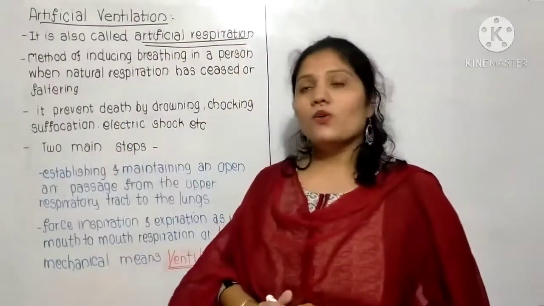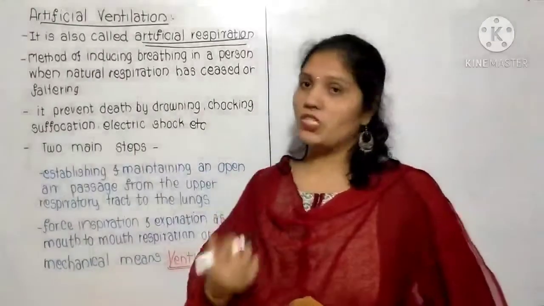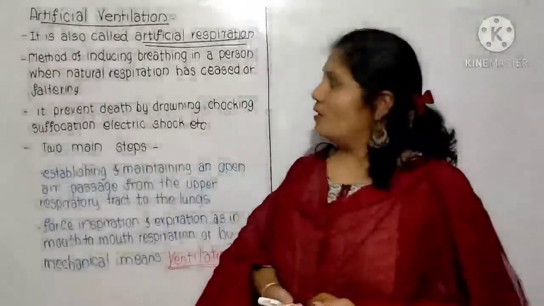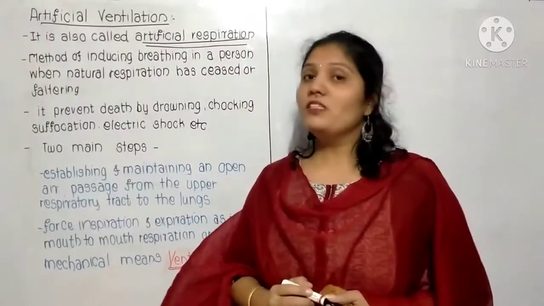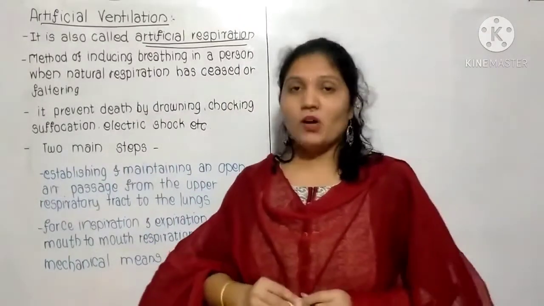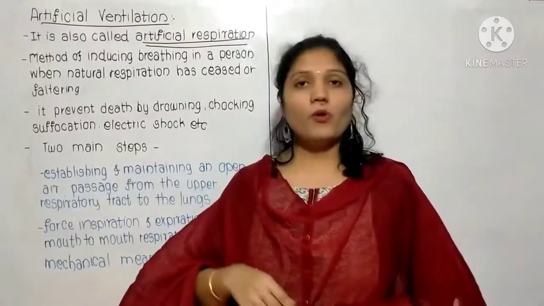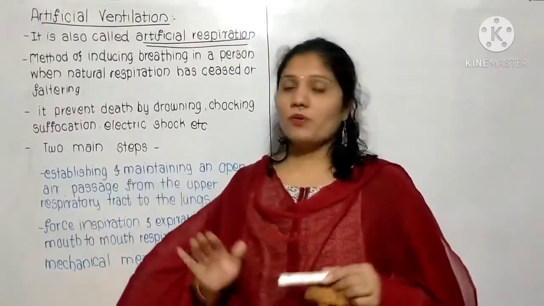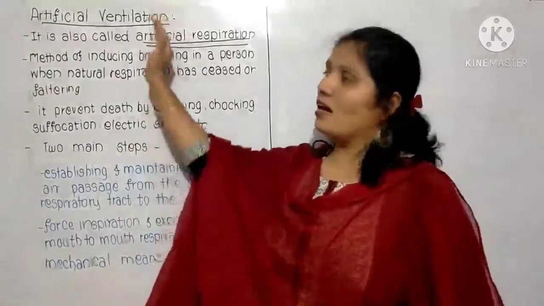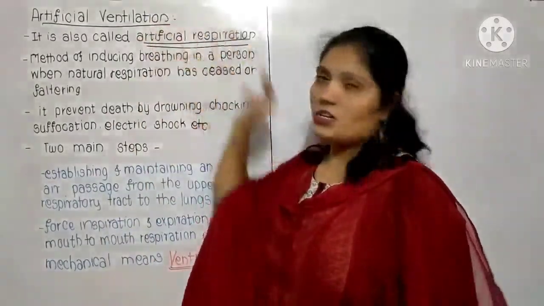It is a method of inducing breathing in a person when natural respiration has ceased or is fluttering. Whenever the person is unable to take air inside the body and throw air outside the body naturally, whenever the natural process is not taking place, this artificial ventilation is useful.